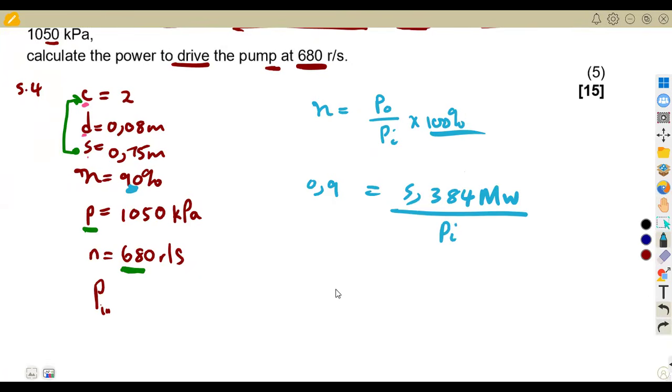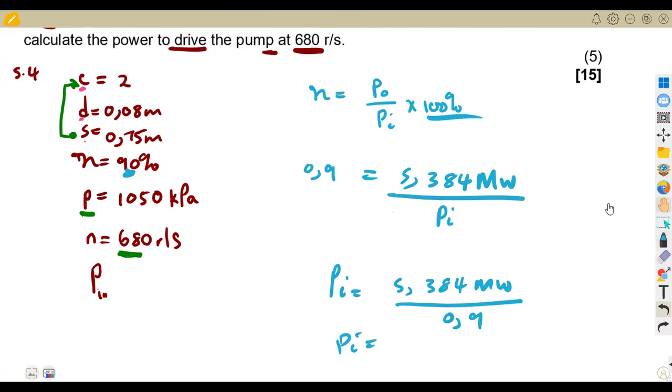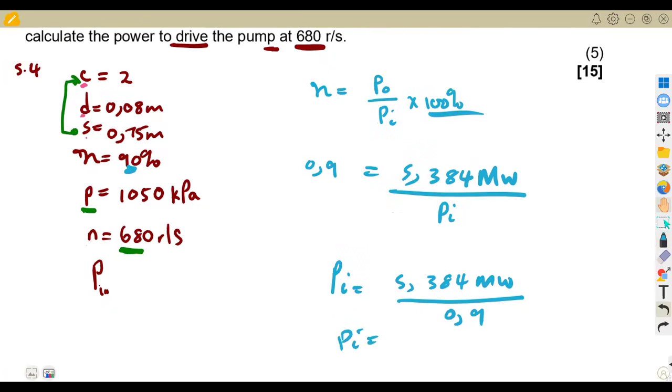So we're going to cross multiply, and that's 0.9 times P in. So we divide that by that. So it's going to be 5,384 megawatts divided by 0.9 instead. Instead of cross multiplying, we write 0.9. It's fine, I'm not saying it's wrong, but you can just simplify that directly as it is.